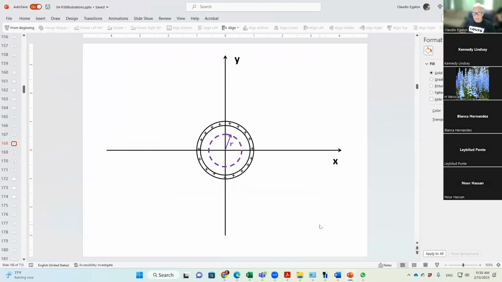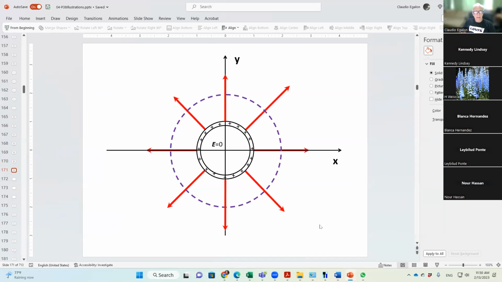So we go back to my drawing here. Very important: we discovered that inside this spherical shell, the electric field is 0. Now we're going to do outside. Because of the symmetry of this shell, the electric fields are going to point away from the surface.